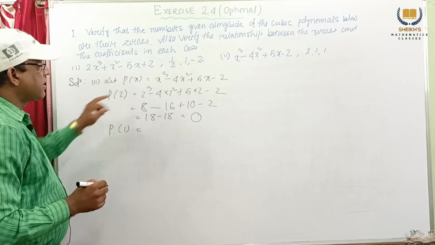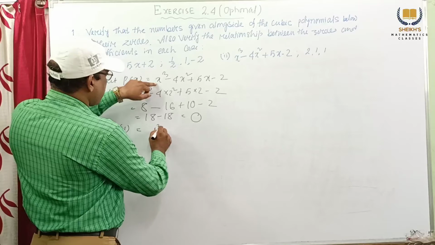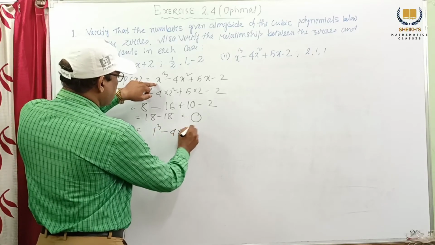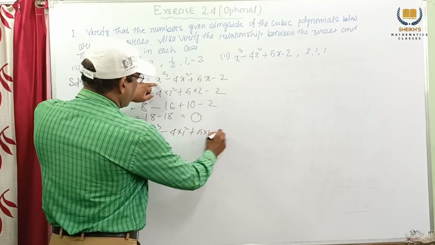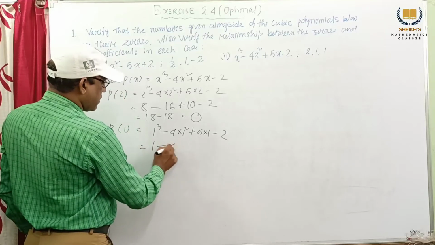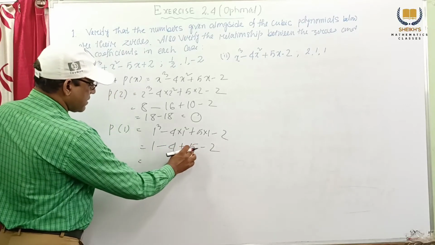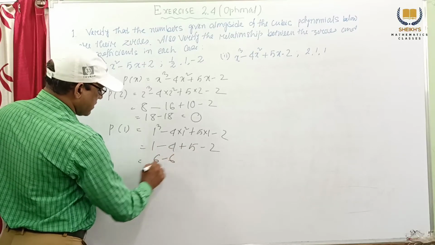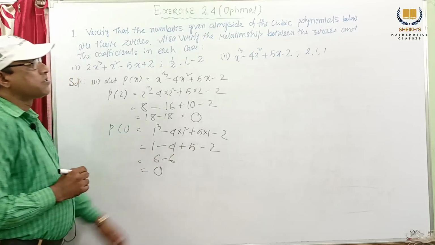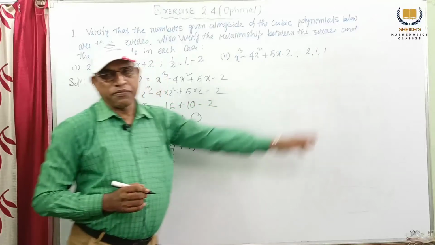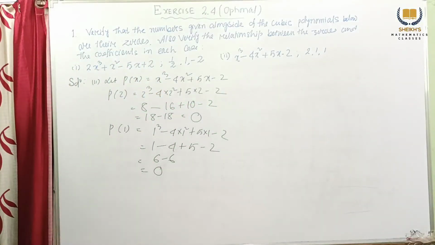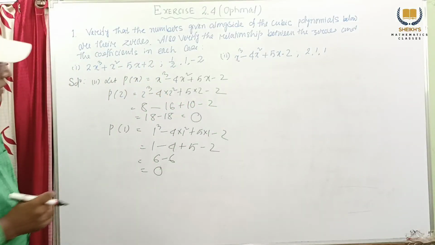If we put 1, then 1 cube minus 4 into 1 square plus 5 into 1 minus 2, that is 1 minus 4 plus 5 minus 2. 6 minus 6 we get 0. So this one and this one are the same, no need to put that one again.